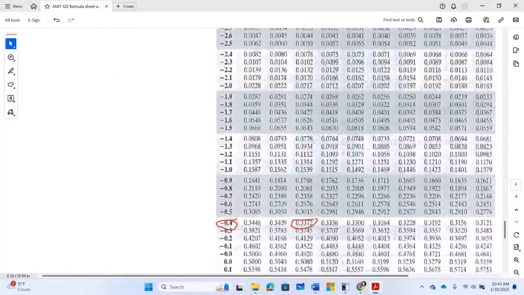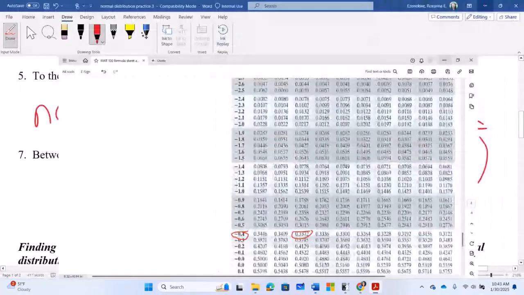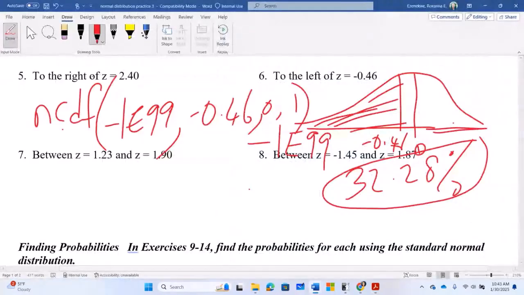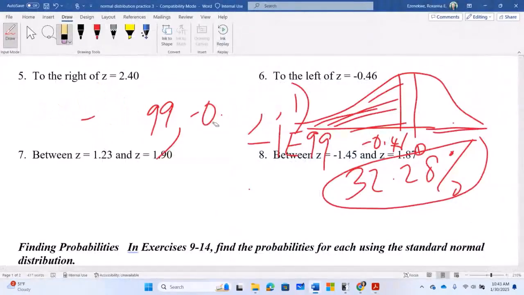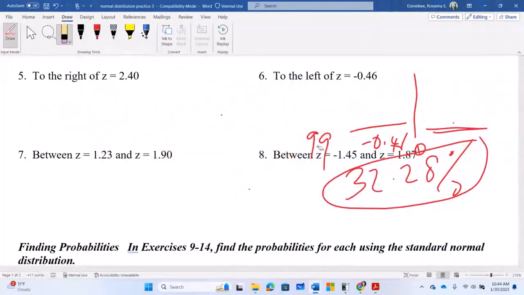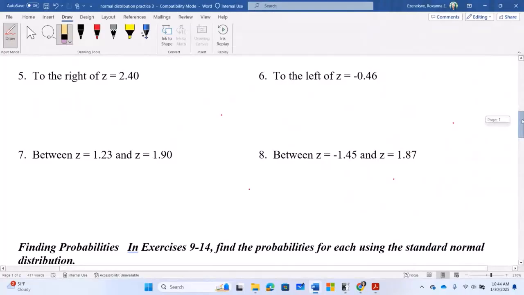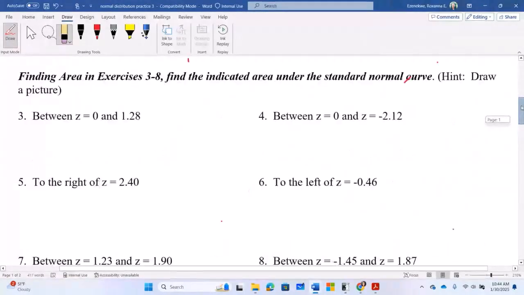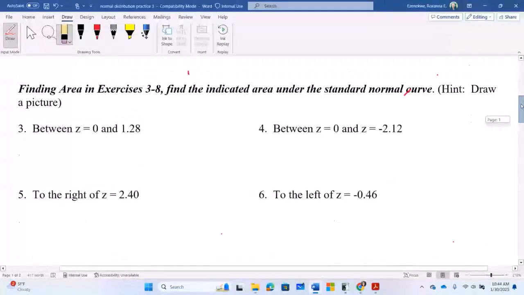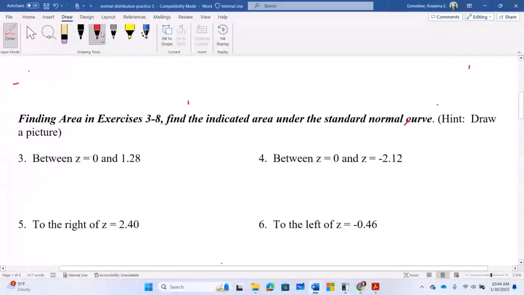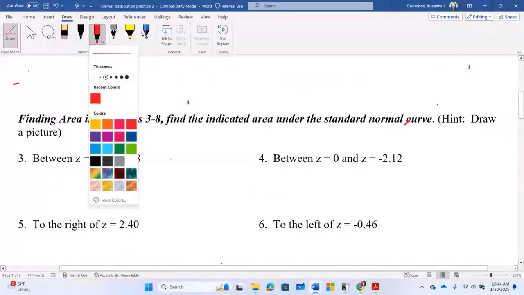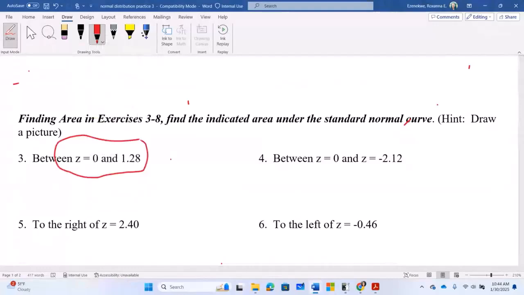Okay, now let's go back to the question we already answered. We want to find the area between using the charts. We have already found the area by using the calculator and by using the empirical rule, which means there are three things you can use. Suppose I'm told to find the area between 0 and 1.28, and I want to read the chart.